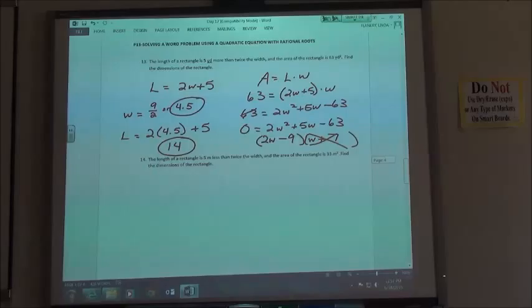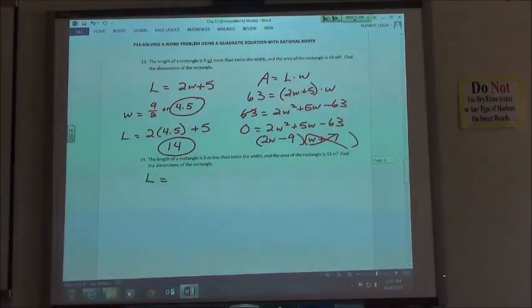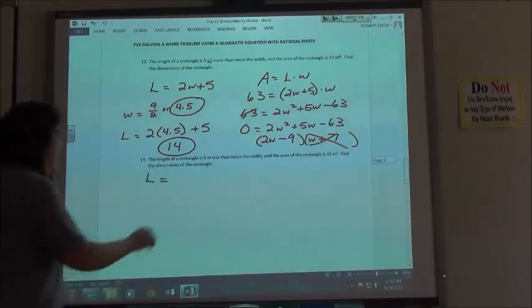Number 14 says the length of my rectangle is 5 meters less than twice my width. So what's L going to be equal to? 2W minus 5.